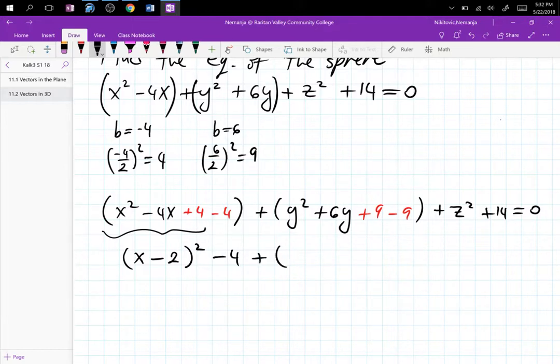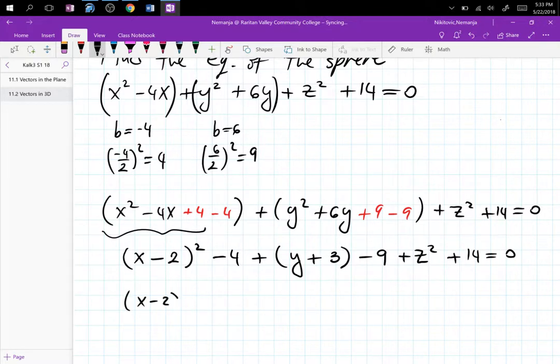Plus, again, completing the square, y plus 3 squared, and then we have minus 9. Plus z squared plus 14 equal to 0. Now we have x minus 2 squared plus y plus 3 squared plus z squared is equal to, oh wait, -1? Yeah. The hell?